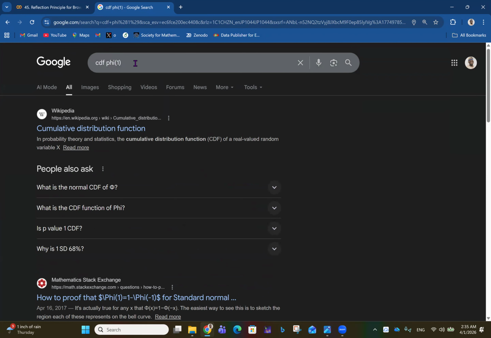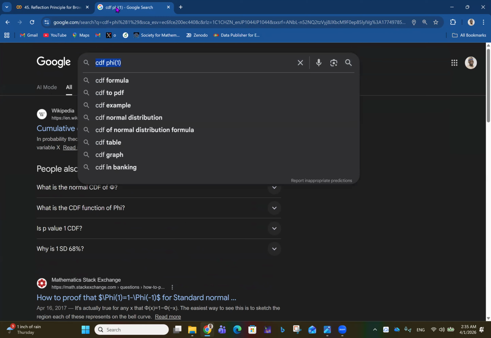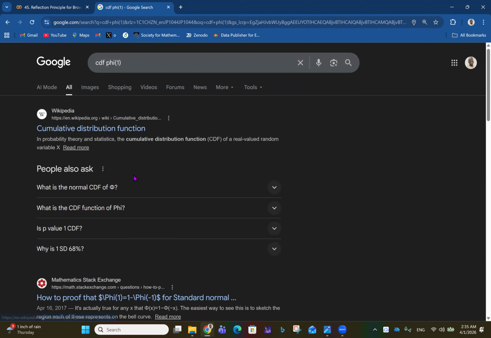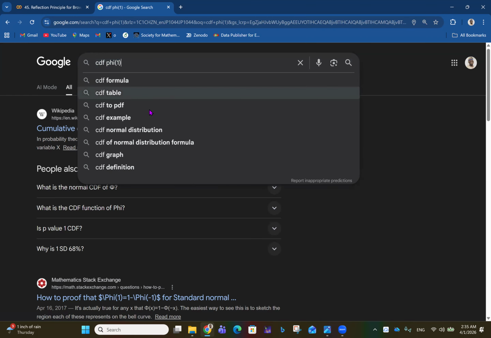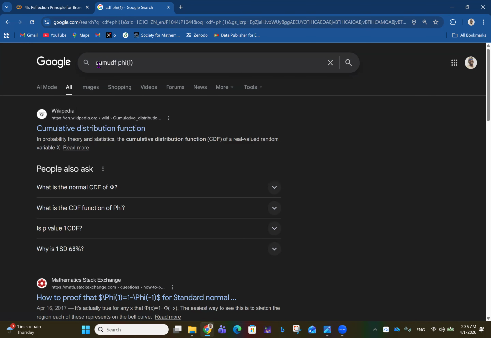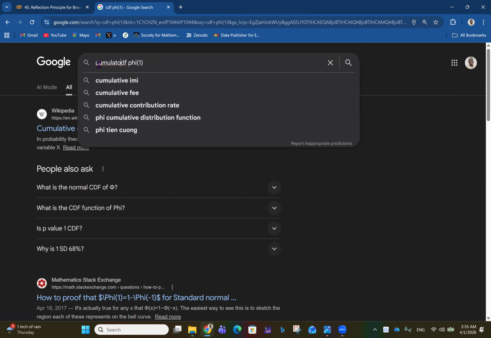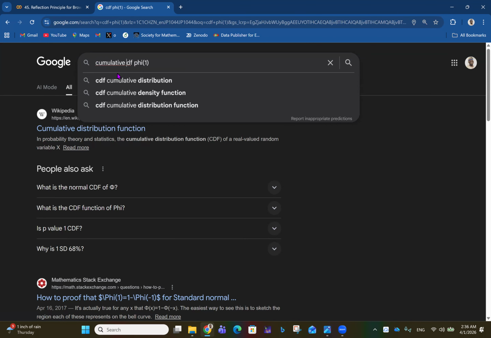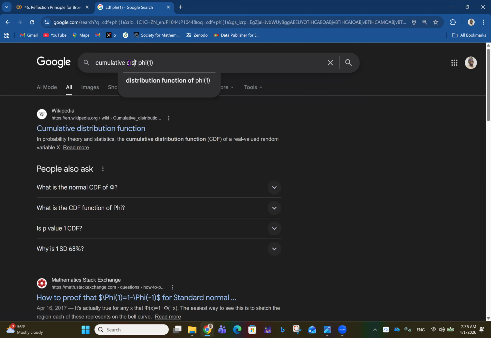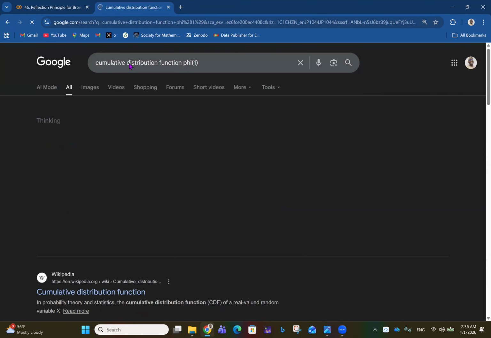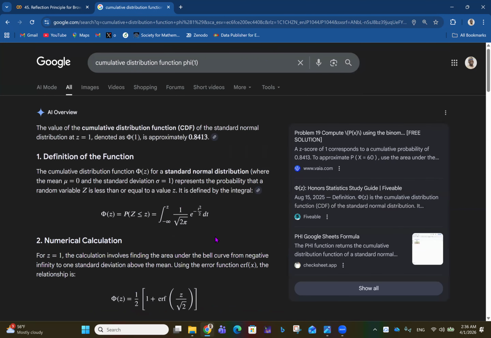Let me go back and search for the cumulative distribution function, phi of 1. Yes, so it's able to give it to us.